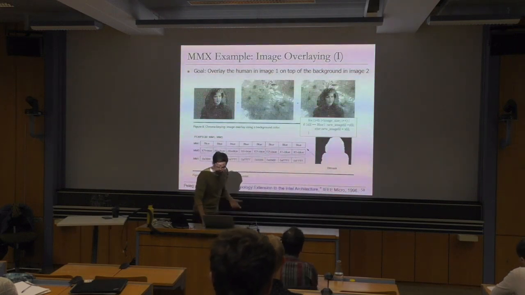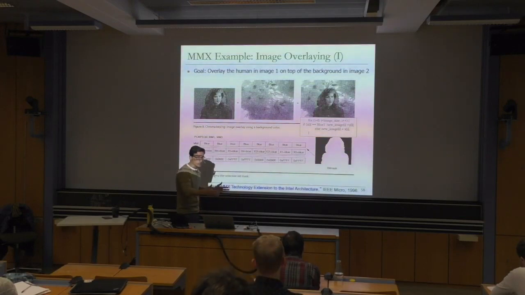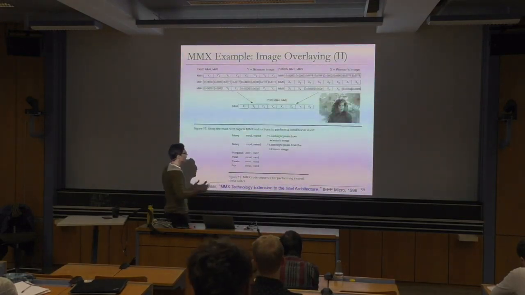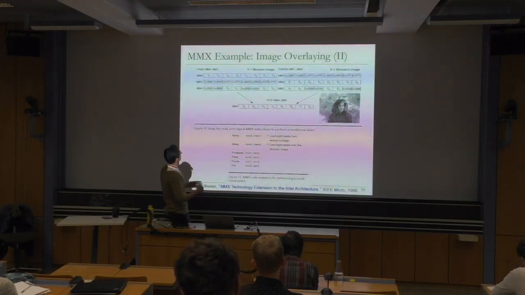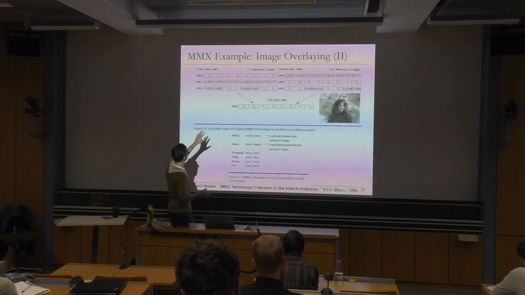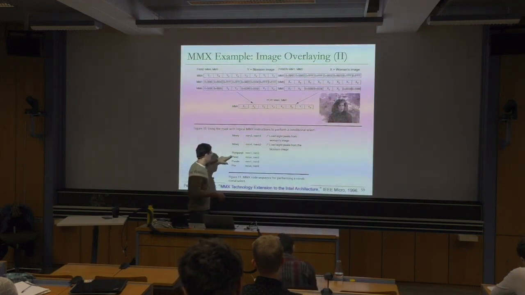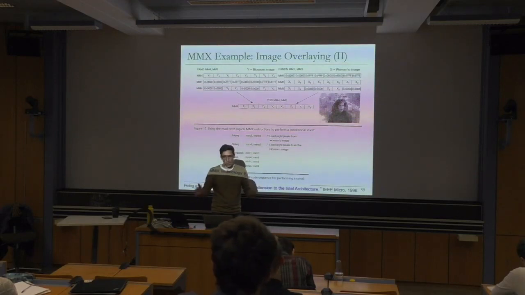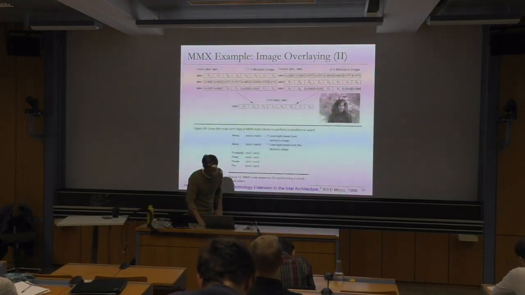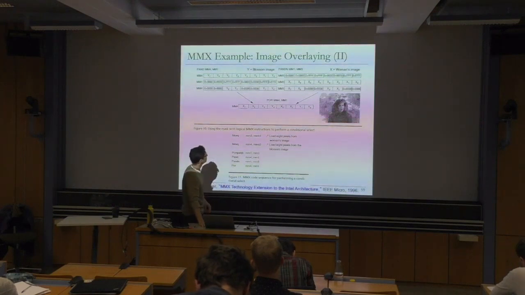And that's something that can be done in a SIMD machine, right? Why is that? Because the computation that we need to do here is exactly the same one for every single pixel. And yes, you can take a look at this by yourself. You will see that first a kind of mask is generated, and then by using this mask we are able to remove the pixels from the background and replace them with the actual map or blossom background or whatever you want to put in the background.